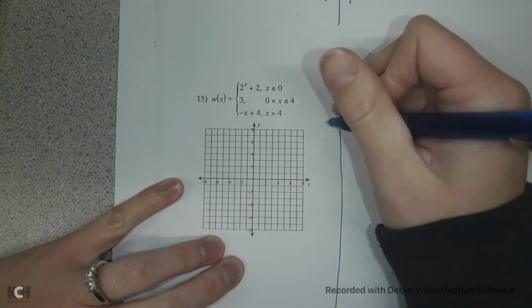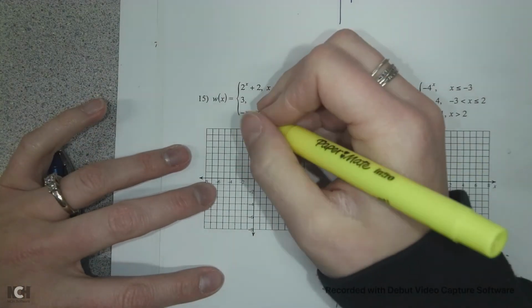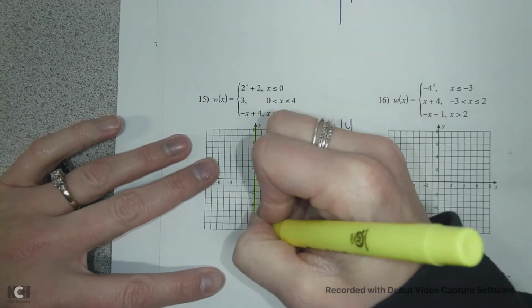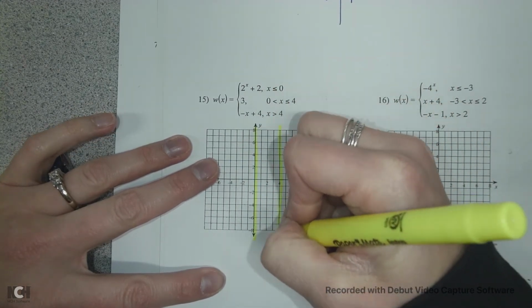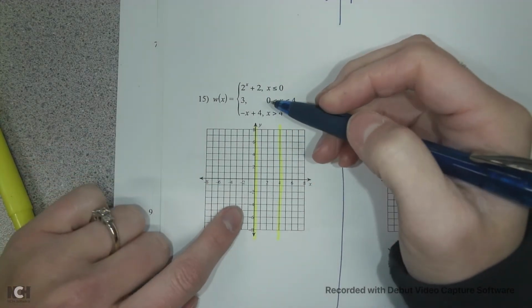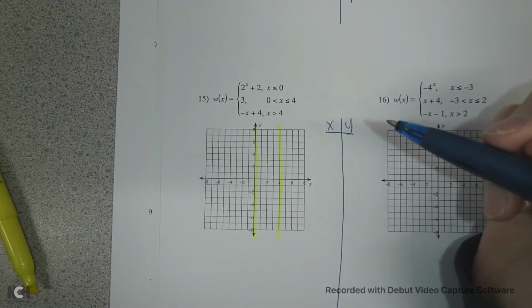And then 15 has 3 again. This one's a little bit more complicated, so we have a shift at 0 and 4. Okay. So I'm going to pick some numbers. Again, exponent numbers, which means I probably want to pick numbers that are pretty darn close.